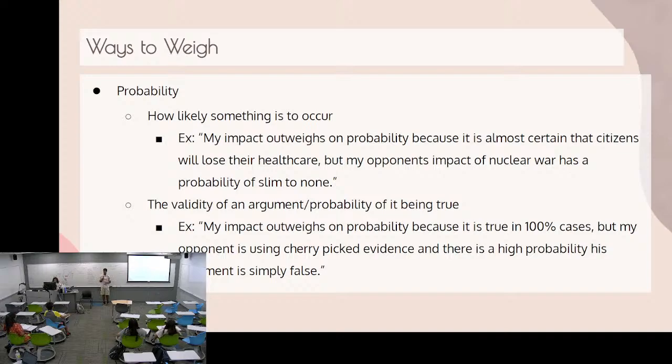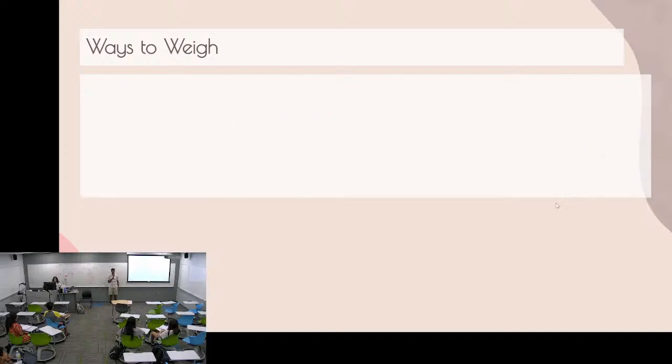Obviously, the probability that the one is true is pretty low because one, it's just one study, and two, you have 30 studies on your side versus one. So that's kind of the second chunk to what probability means: the chance of an argument actually being true. In that case, it seems like this evidence is cherry picked, which means there's a pretty high probability that the argument is not true, or it's a fluke or whatever it may be. So yeah. Any other questions about weighing?